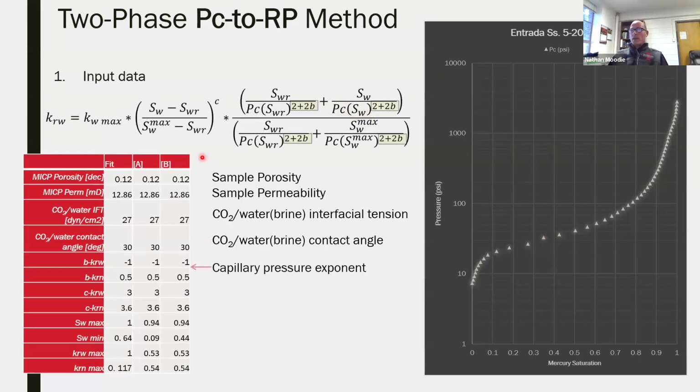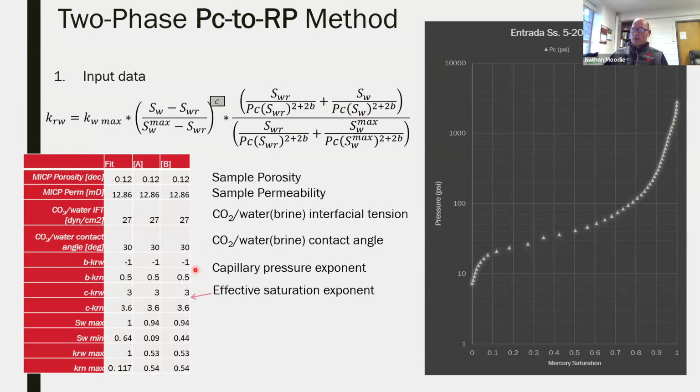And then these exponents in your relative permeability formula, you have this B exponent here and this C exponent here, the effective saturation exponent. These need to be derived from fitting this method to laboratory measured data. I've been able to do that with quite a bit of laboratory measured data.